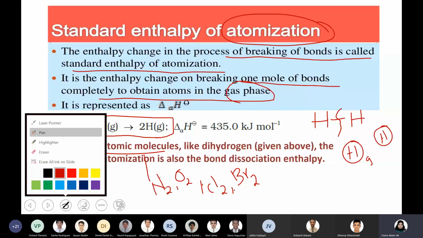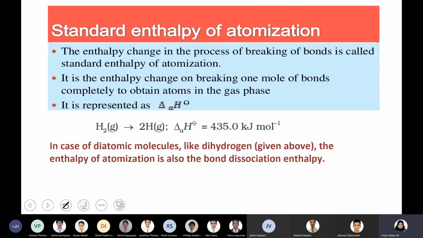I'll just repeat. We are discussing standard enthalpy of atomization. Standard enthalpy of atomization means breaking one mole of bonds completely to obtain the atoms in the gaseous phase. It is the enthalpy change during the breaking of one mole of bonds completely to obtain atoms in the gaseous phase, and it is represented as delta H standard, with a small letter a for atomization.